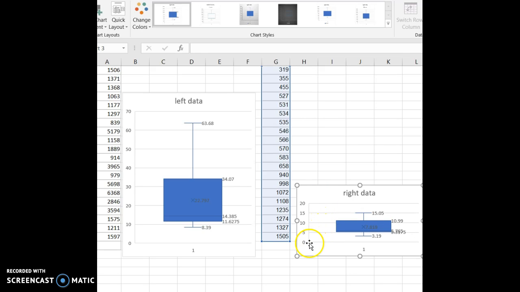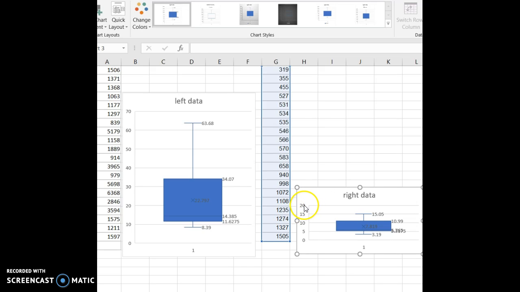Whoops, don't want to move that around. But you can see my zeros are almost right. My 20 is just a little bit out, so I'm going to go a little bit smaller. Let's see if we can get that right. That looks like 20, 10 and 0. Look, that's pretty good. They've matched pretty closely. So the 20s line up, the 10s line up and the 0s line up.